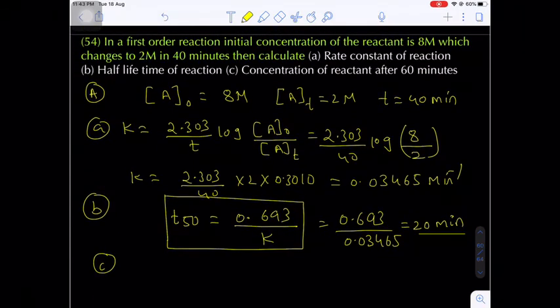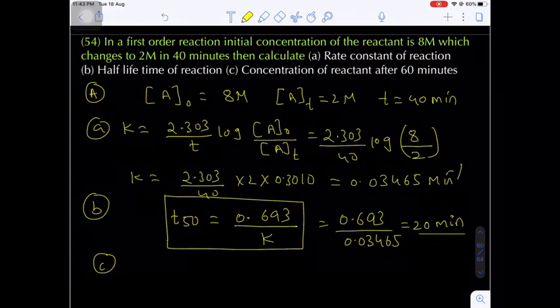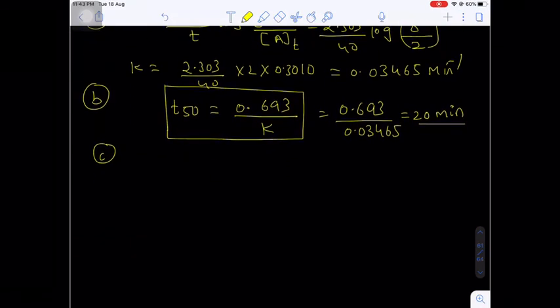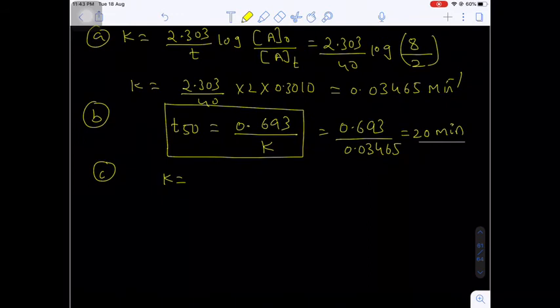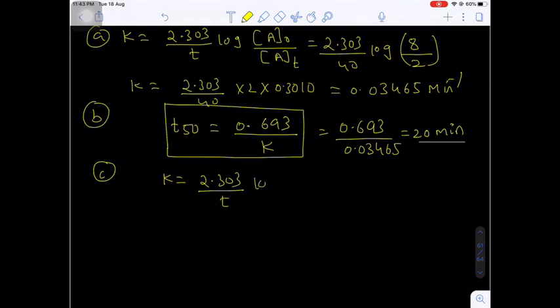And one more question is there. Calculate the concentration of reactant after 60 minutes. Now here K value, we know the K value from the above expression. So by replacing the K value, and we know the initial concentration of reactant, and after a certain time interval T also we know.